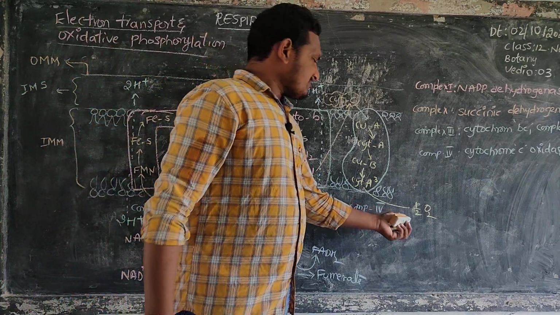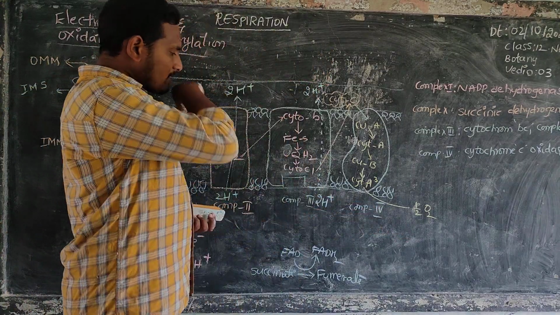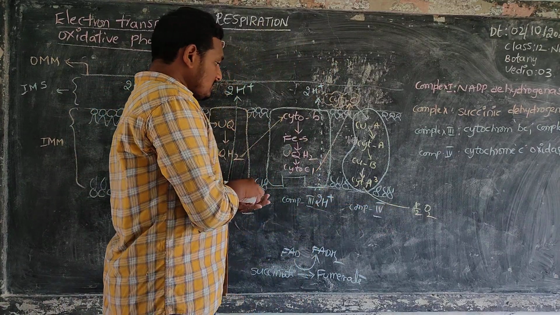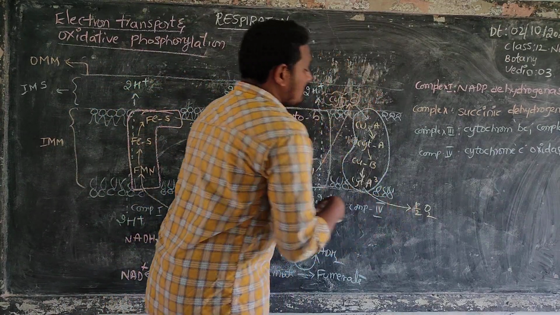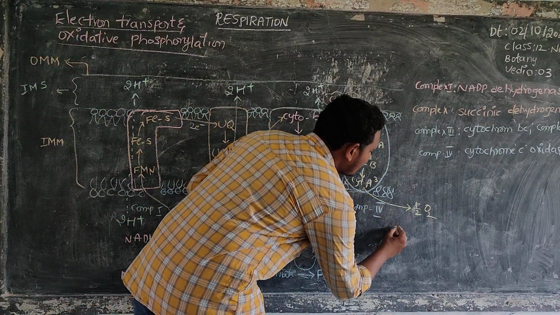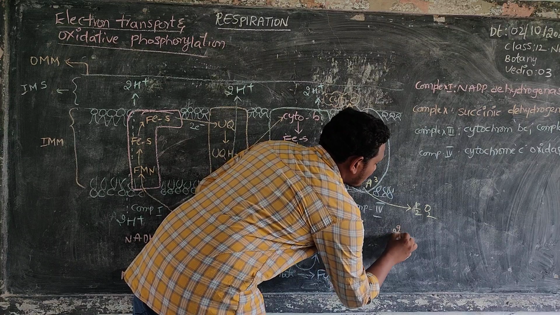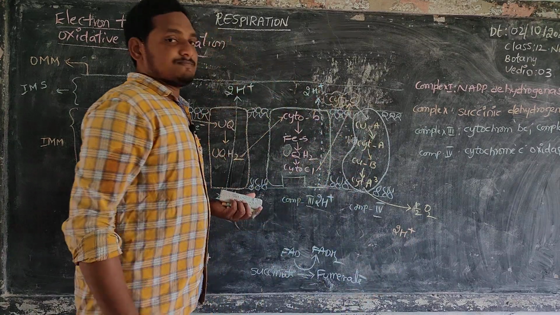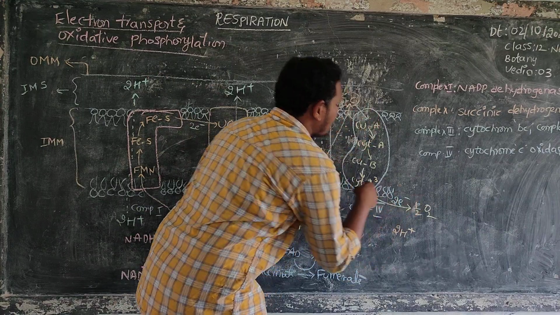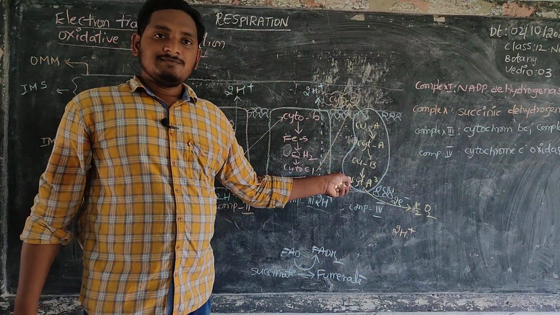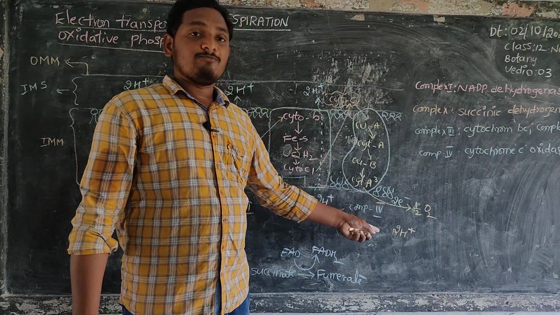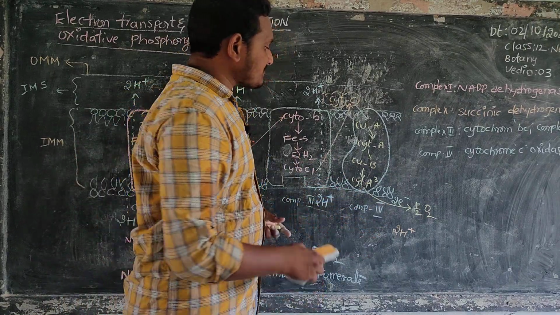This half molecule of oxygen takes up a pair of electrons from the electron transport chain and a pair of protons from the matrix.